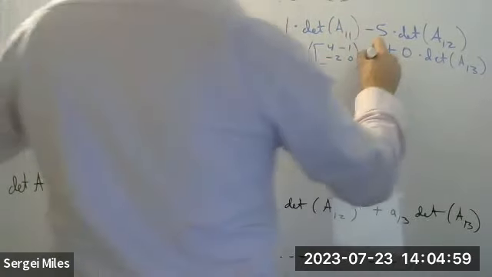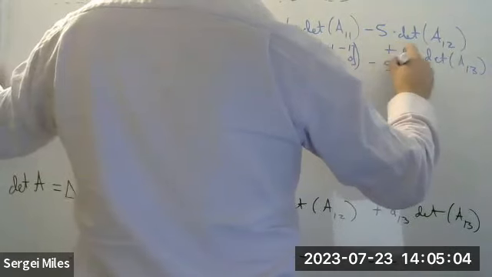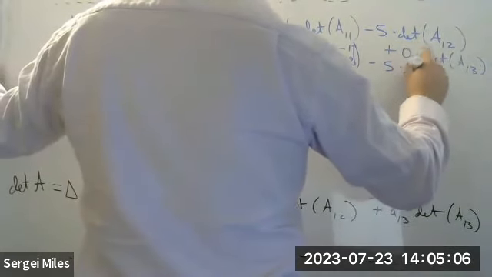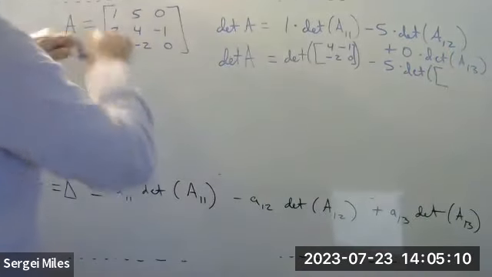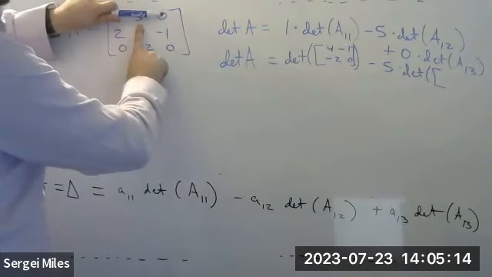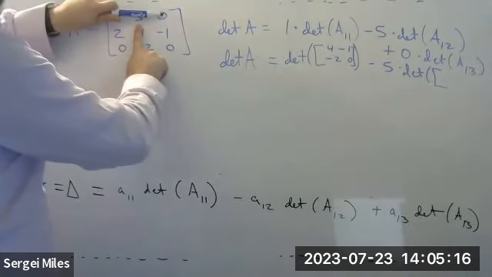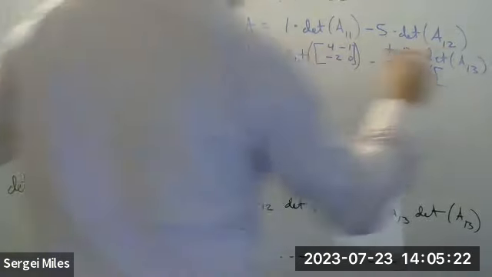All right. -5 times the determinant of its submatrix. I'm covering up row 1, column 2. So what am I left with? I'm left with a 2 by 2, which is 2, -1, 0, 0.